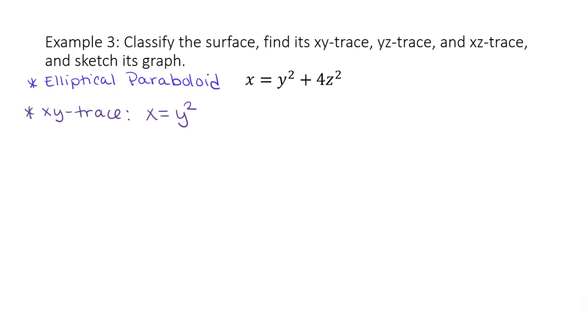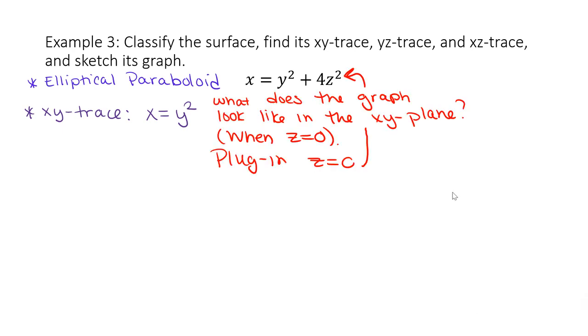All right, the next thing we're going to do is find the xy trace. And so what does that mean? What is the xy trace? The xy trace is basically asking what does the graph look like in the xy plane? So if we were to take a slice of this object when z equals 0 in that xy plane, what is the shape that we would see?